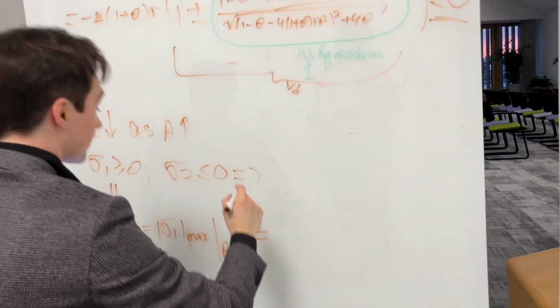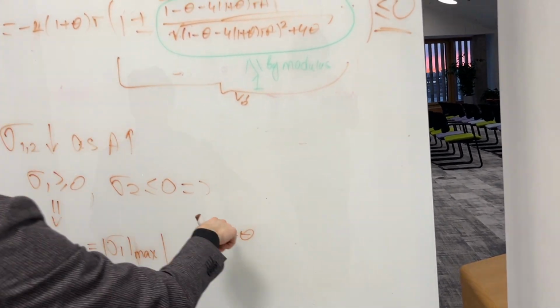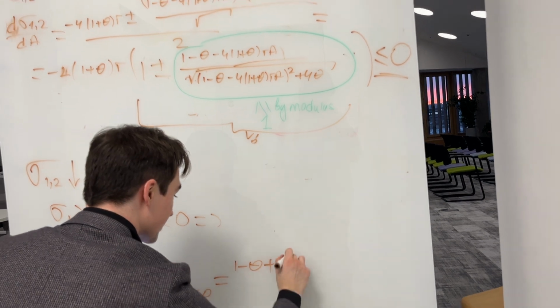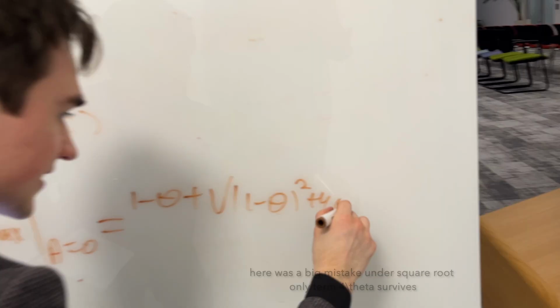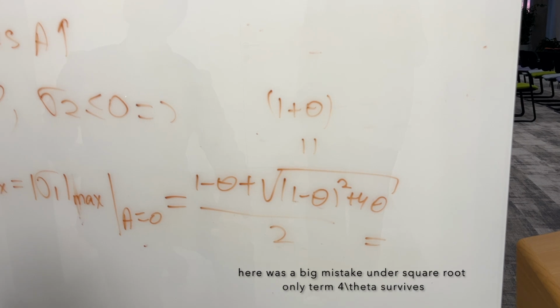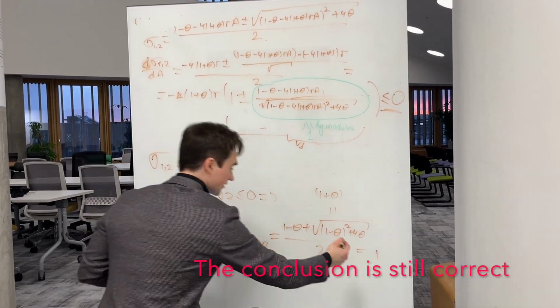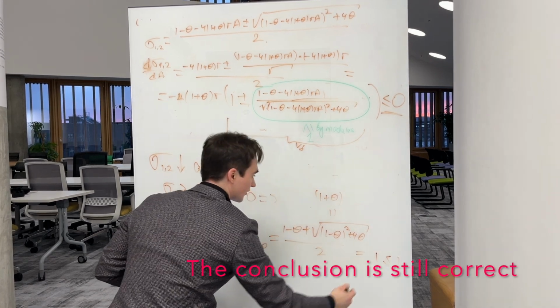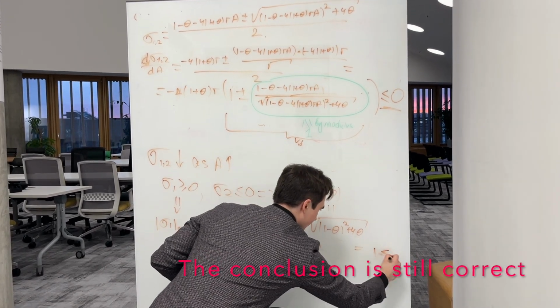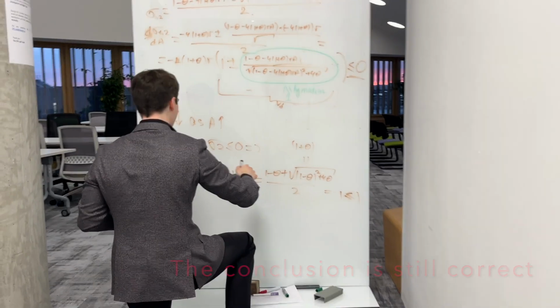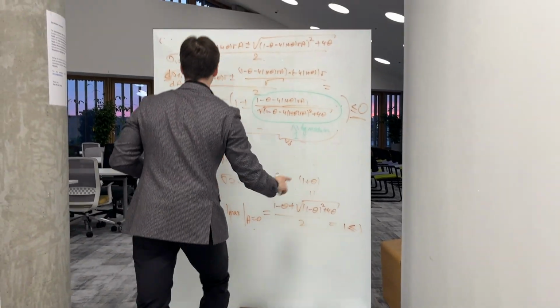It will be 1 minus theta plus square root of okay. Yes, and we are good. And for sigma 2, we need to analyze it a little bit further.